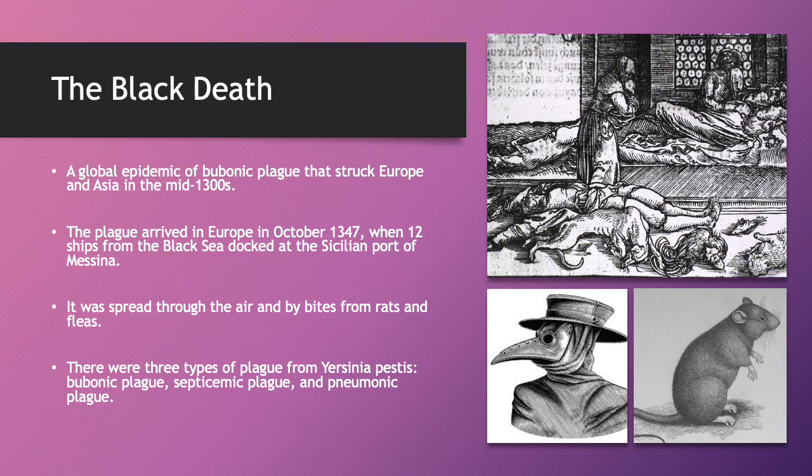Bubonic plague is a really interesting one because you get these huge infections in your lymph nodes. Your lymph nodes swell and become boils on your skin. They're super sensitive, super painful, and it's an infection, so it can really get pretty bad. Septicemic plague is when the plague that was bubonic originally infects the blood and affects the ability of your blood to clot.